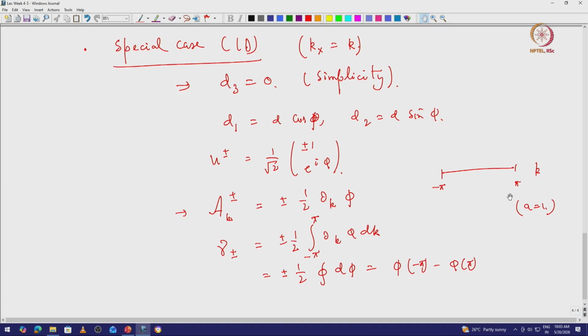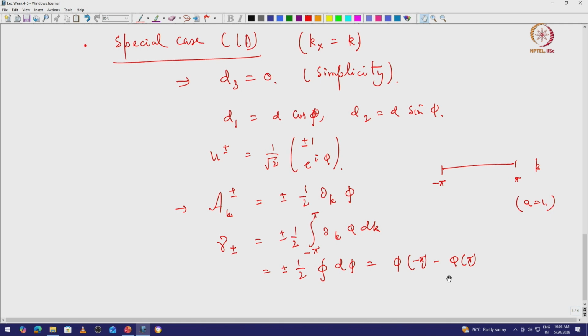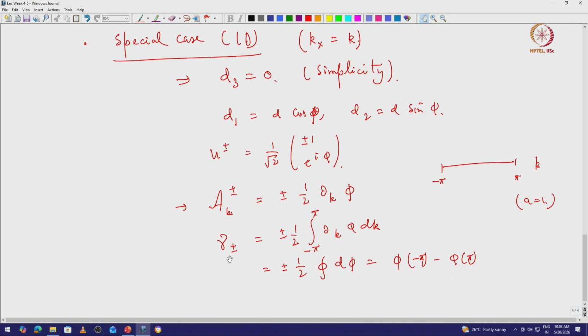But it is the difference, how much the phase has changed as you go from minus pi to pi, in which the wave function is supposed to come back, and it is the difference that measures the Berry phase. Okay. And the winding number is just that divided by pi, so that we can get an integer value.